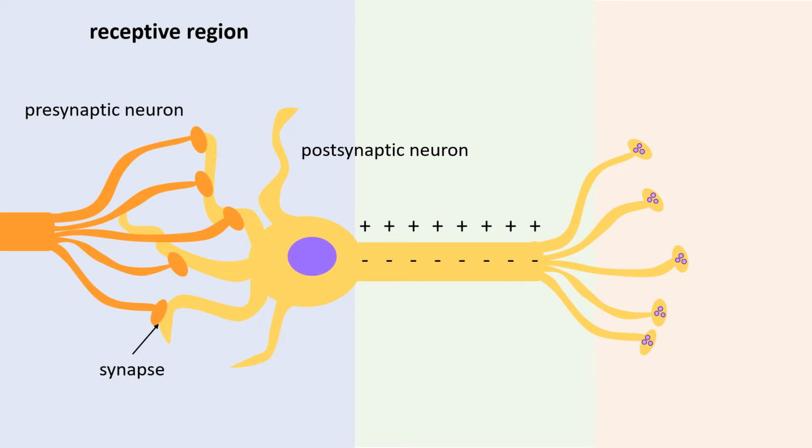So what's happening here? Well, the incoming impulse from our presynaptic neuron is actually going to depolarize the membrane of the dendrites. And you might remember the dendrites are the part of the neuron that are capable of receiving an impulse. And then after that impulse is received by the dendrites, it's going to get transmitted along until it makes its way to the membrane of the cell body.